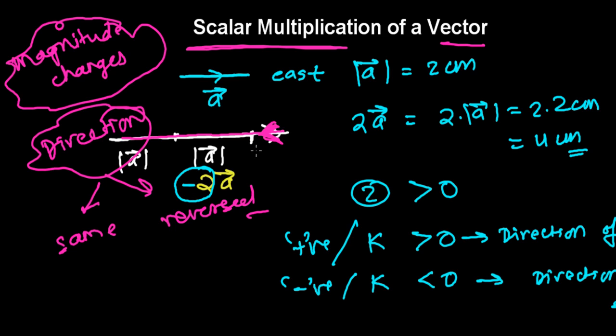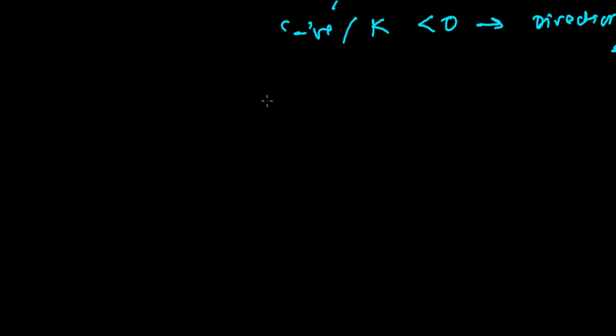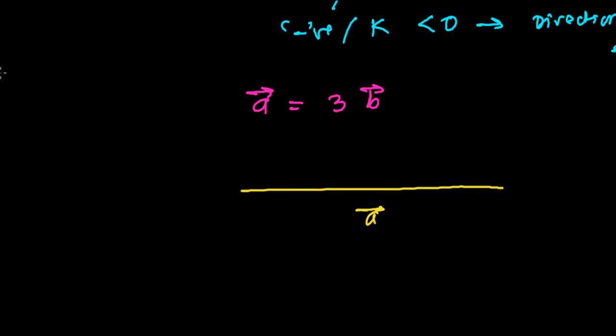From the scalar multiplication of a vector, one more thing we can understand. Let's say I have a vector A which is 3 times the vector B. What do you understand from this? Simply, I understand that the vector A is 3 times the vector B. So let's say if this is vector A, then I will break it into 3 parts: 1, 2, 3.